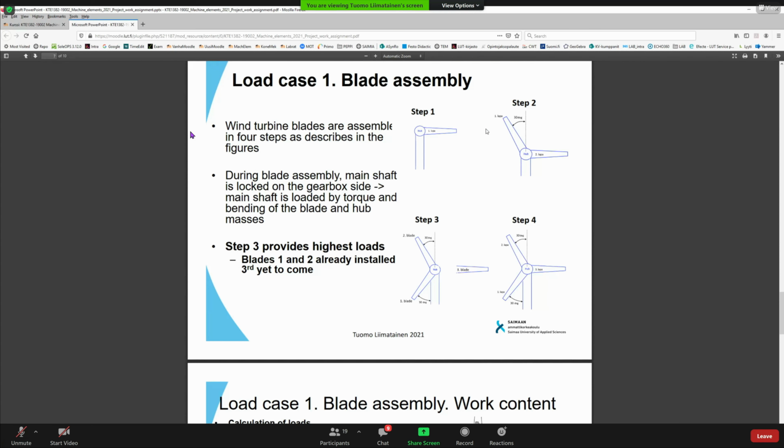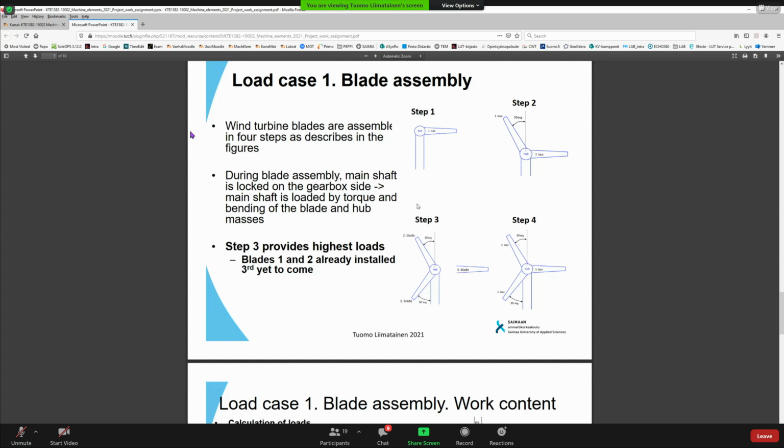Okay, but for the blade assembly load case, what is the first one? As I described, the blades are brought into the wind turbine in horizontal position, which means that when the first blade is brought in, it's done like presented here in step number 1. Then this first blade is turned.